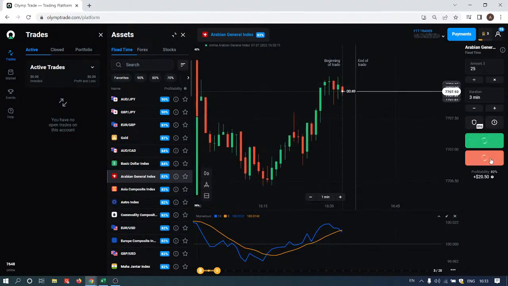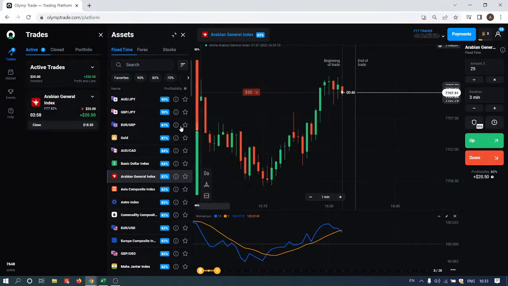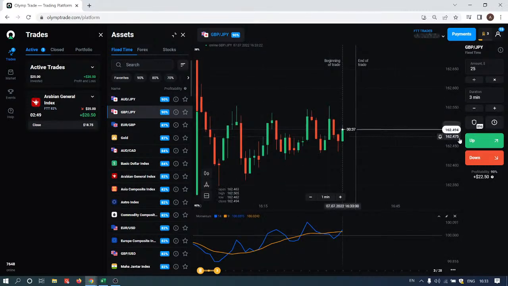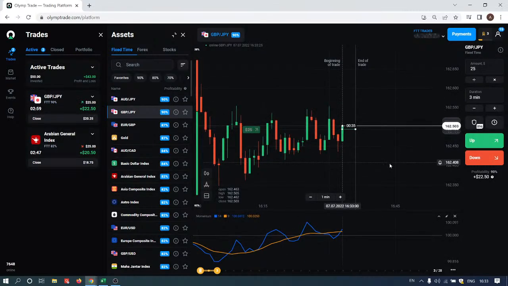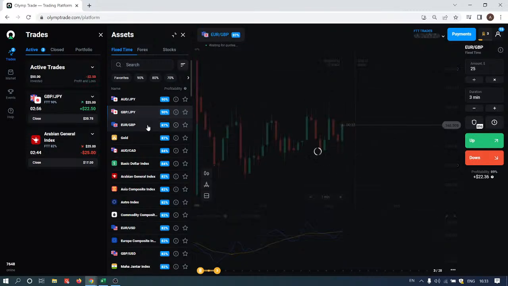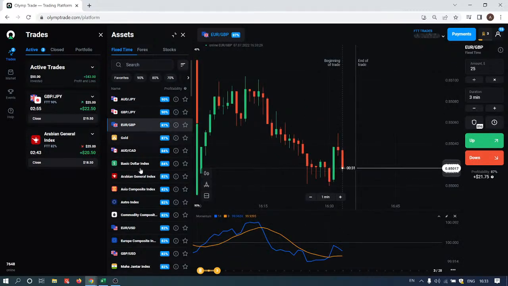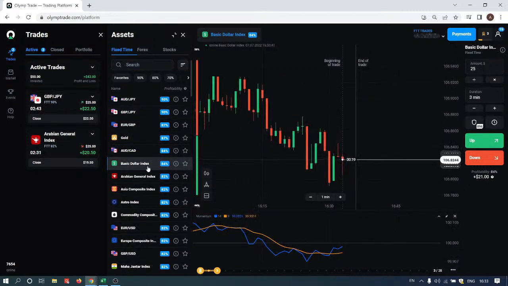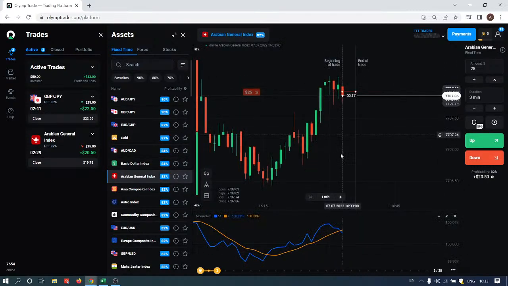All right, Arabian General Index. Guys, one little thing that I wanted to share with you. Some of these assets are not available for everyone, and we have so-called local assets. Sometimes you will wonder why you do not have Arabian General Index or Asia Composite Index or Mahajantar Index. This is because some of these assets are only available in certain geographic regions of the world.